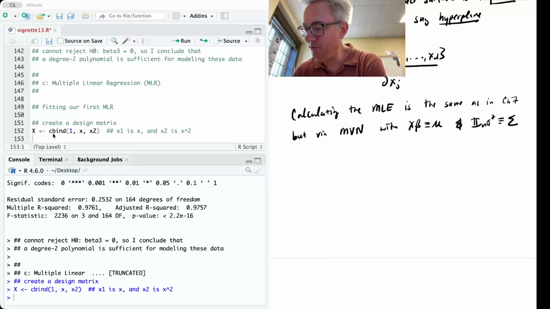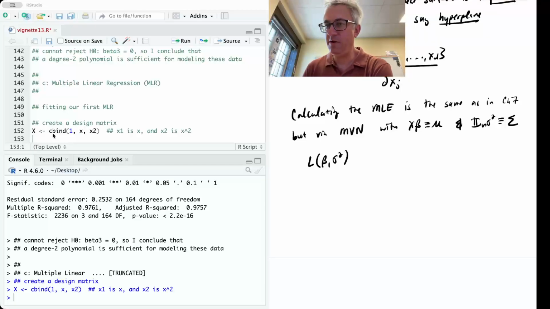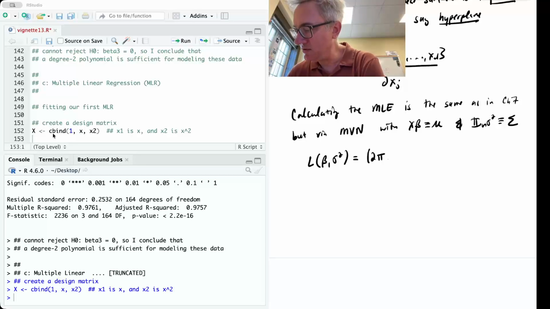And if I express those as a function of the parameters involved in my multiple linear regression, I will get a density that looks kind of like this after a little bit of simplification.